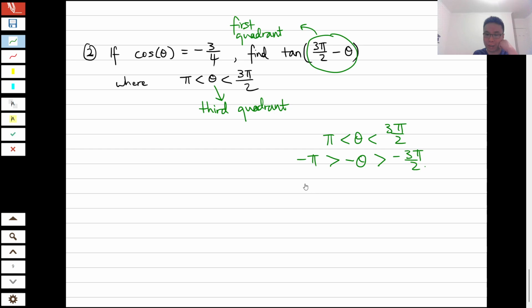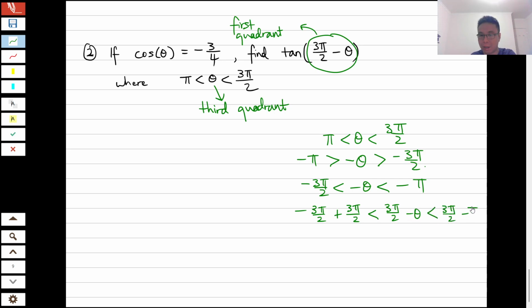So another way of saying this is negative 3 pi on 2 is less than negative theta is less than negative pi. And if I add 3 pi on 2 to everything, I get 3 pi on 2 minus 3 pi on 2, which is 0, is less than 3 pi on 2 minus theta, which is less than 3 pi on 2 minus pi, which is pi on 2.